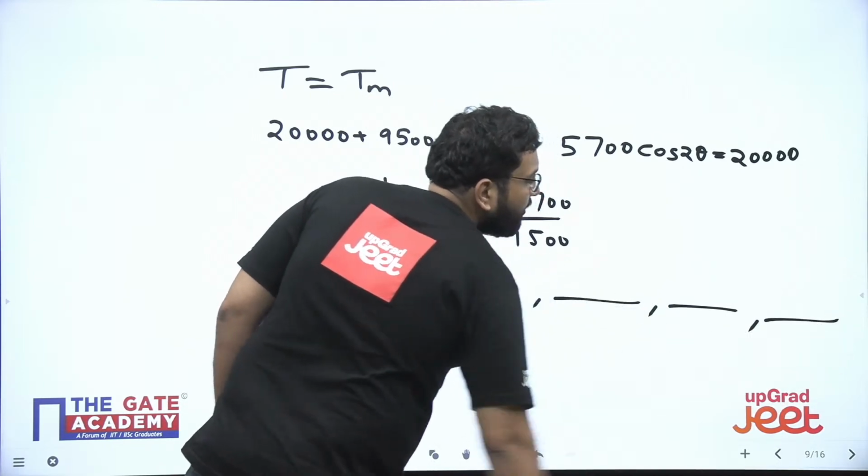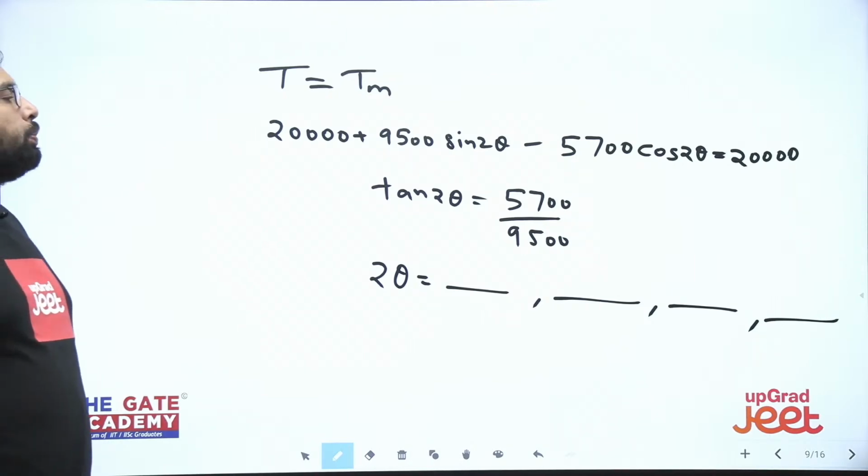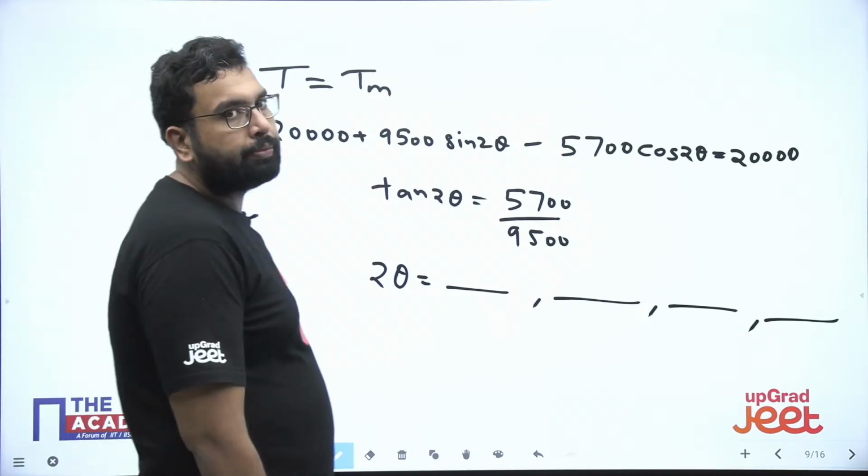Now from here, can you tell me what is the value of 2 theta? Can you tell me some values of 2 theta, please? Can you tell me some values for 2 theta?